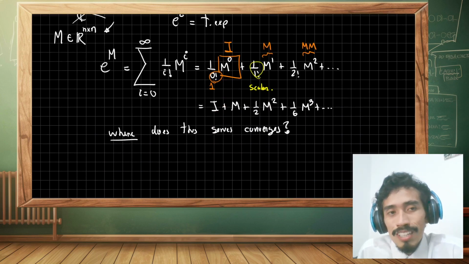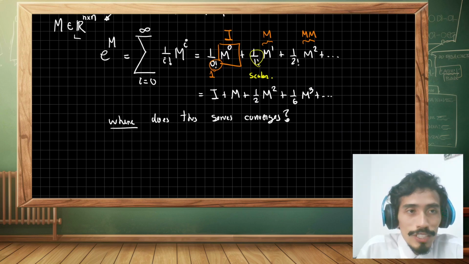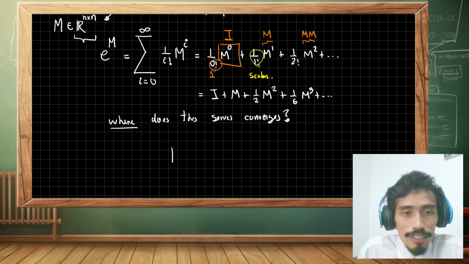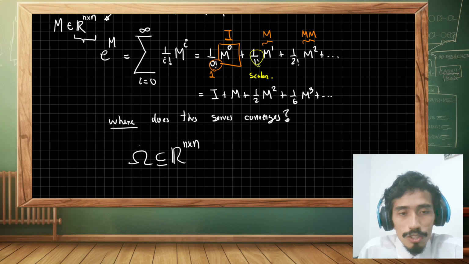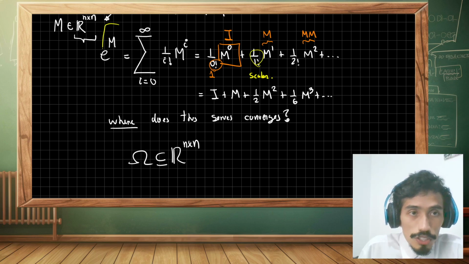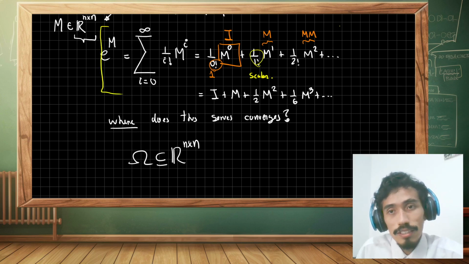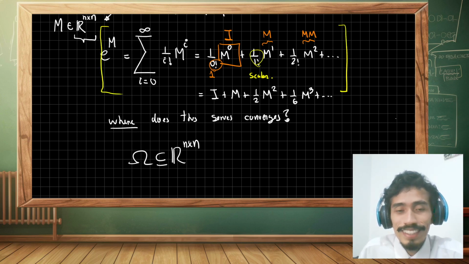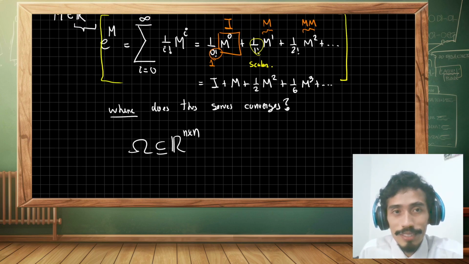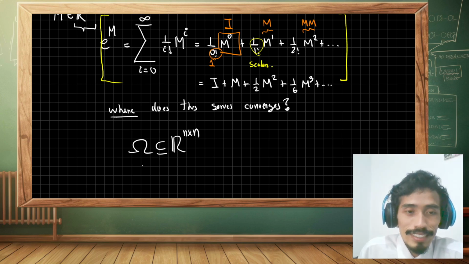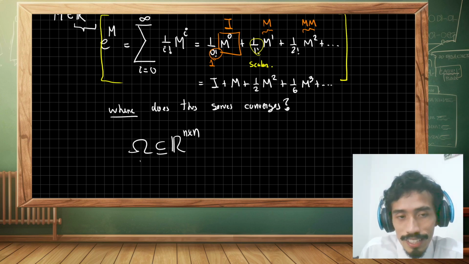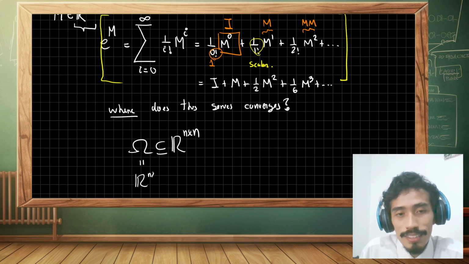So we now want to know in which part of this vector space of matrices, let's say in which subset, this makes sense. So it is not an easy question. It is, in fact, it obviously has an answer, otherwise we would not be talking about this here. And the answer is that it converges once again in the whole space, in this case in the whole vector space.